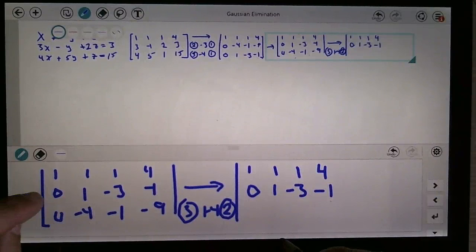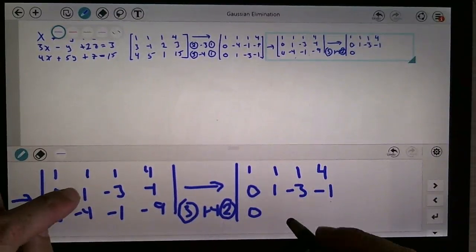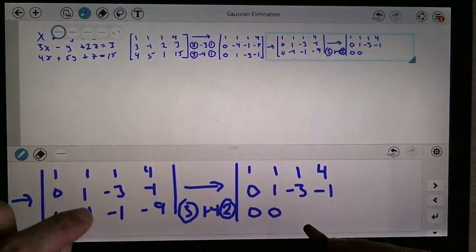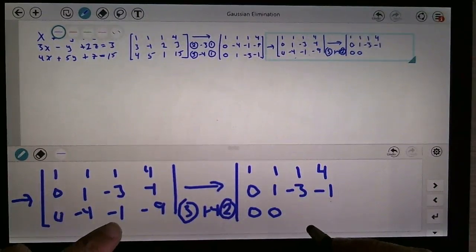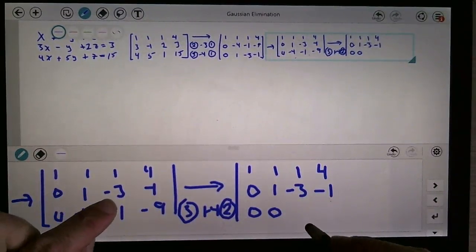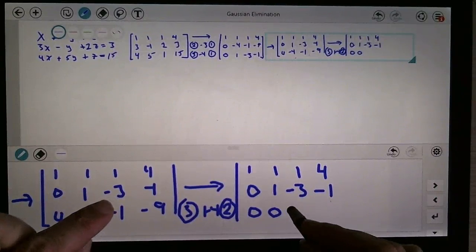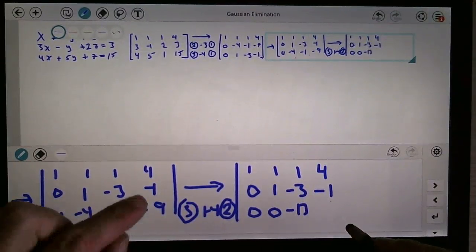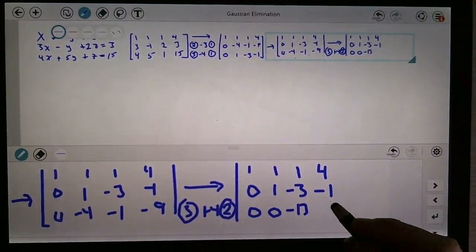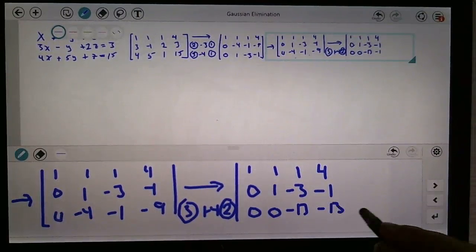Because the 0 plus 4 times 0 is still 0. The -4 plus 4 times 1 is 0. The -1 minus 12 is -13. And the -9 minus 4 is -13.